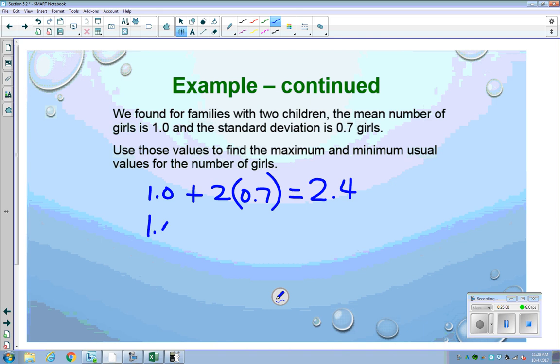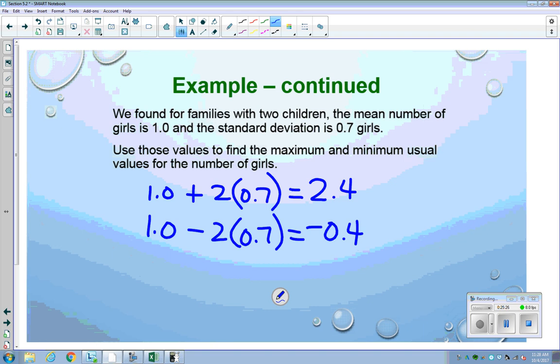And I'm going to take the mean, and I'm going to subtract 2 times the standard deviation, and I'm going to get negative 0.4. Well, that's kind of silly, because I'm never going to have a negative 0.4 of a girl, and if I only have 2 children, can I ever have 2.4 girls?